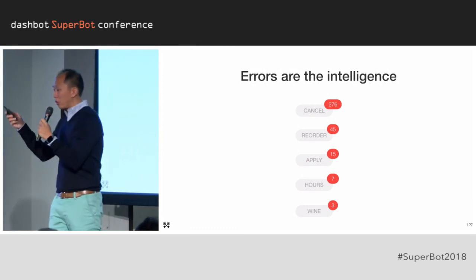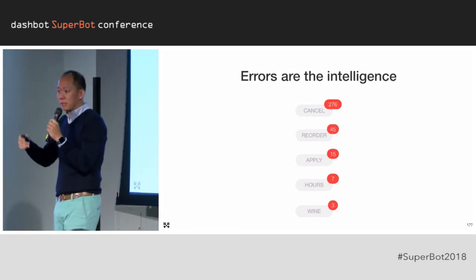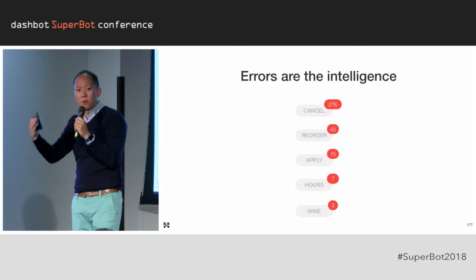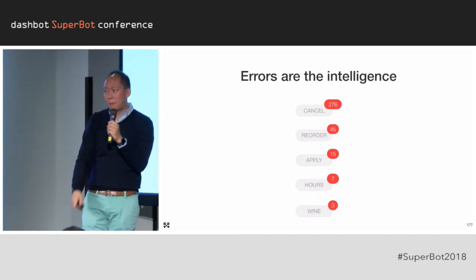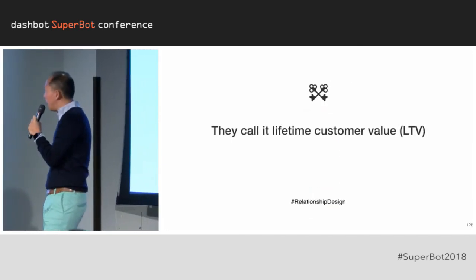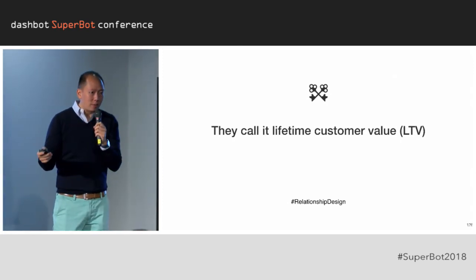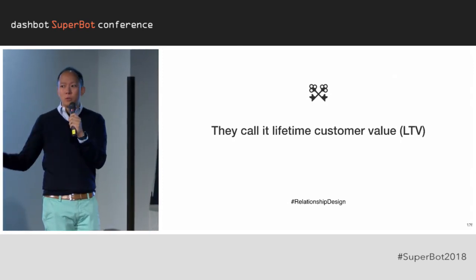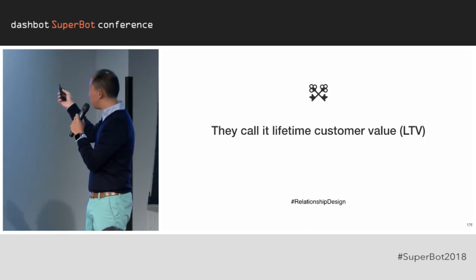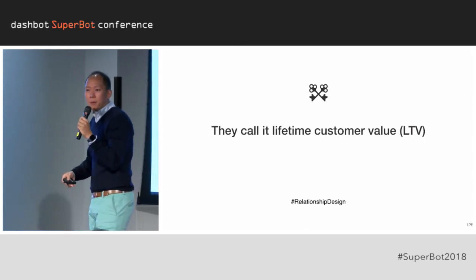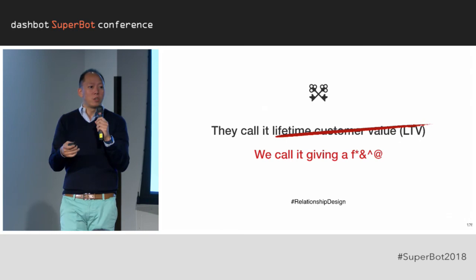And Dashbot actually makes it really great because they have this Sankey graph and you can understand where there are errors and where people drop off. And so my CEO, Shane, is always telling, like, we all invent those big words of customer lifetime value. We always say to us, it's like, we're just giving a damn.